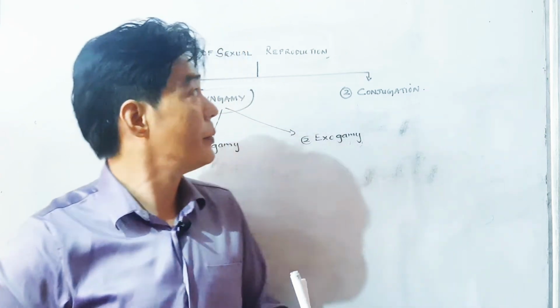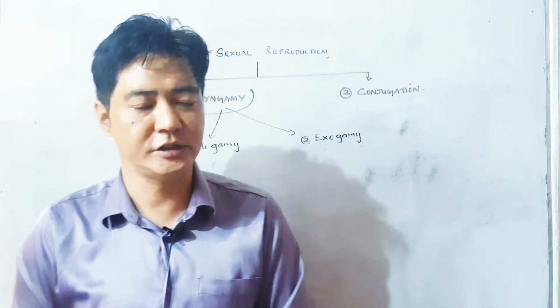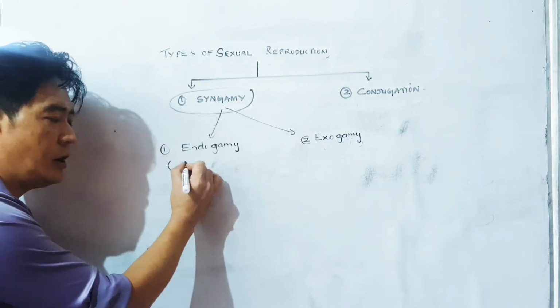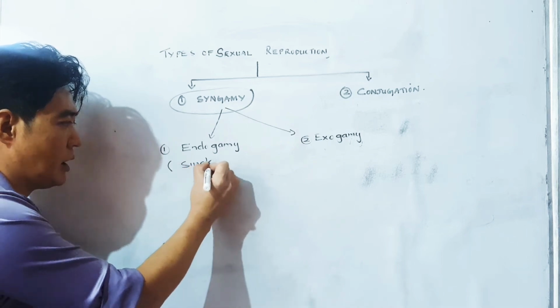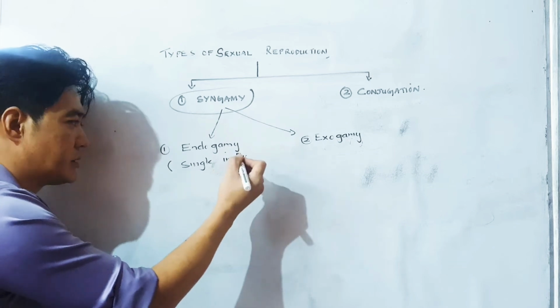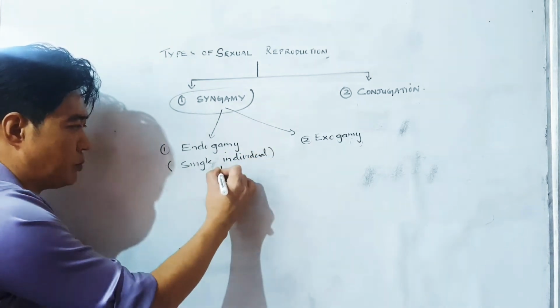Such type of reproduction is known as endogamy. Single individual, or one parent, produces both gametes.